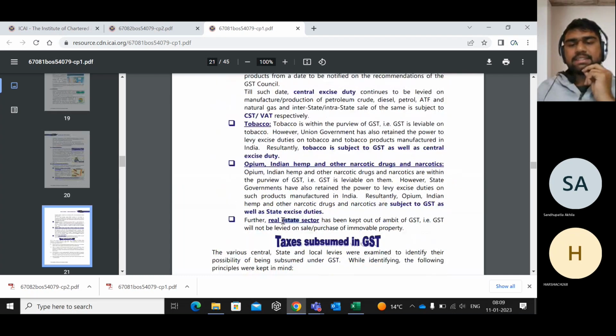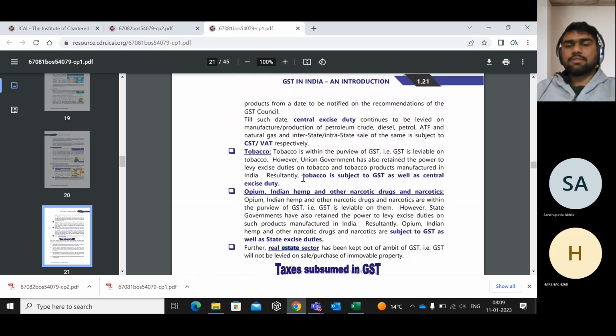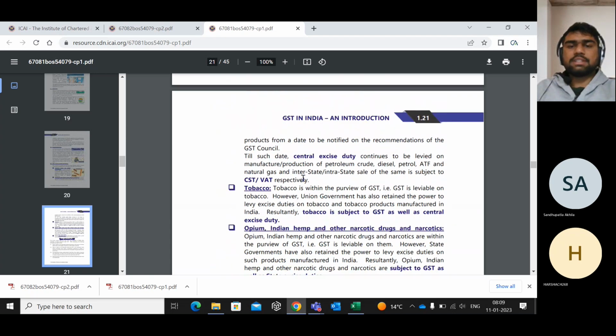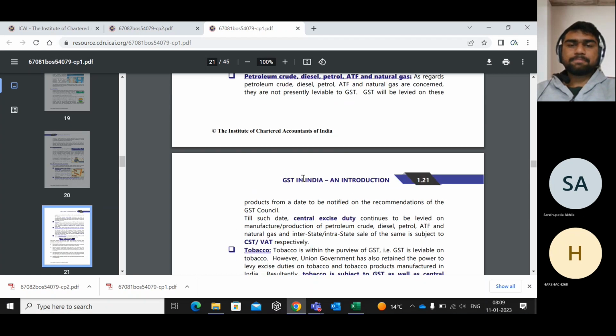That is the real estate sector. Tobacco and tobacco products are also outside the purview of GST, and so are opium, Indian hemp, and other narcotic drugs. You need to remember these.